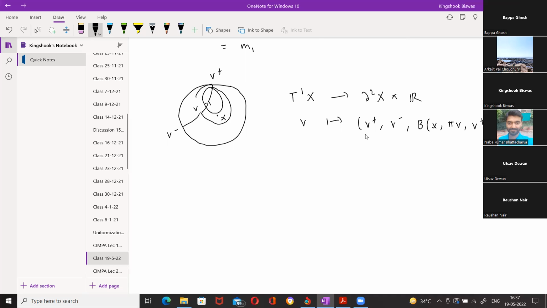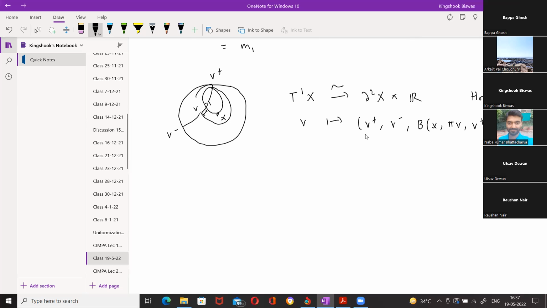This horospherical distance here. Okay, so this map is a homeomorphism called the Hopf map. Okay, this is the Hopf parametrization.